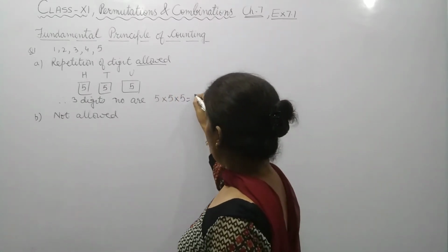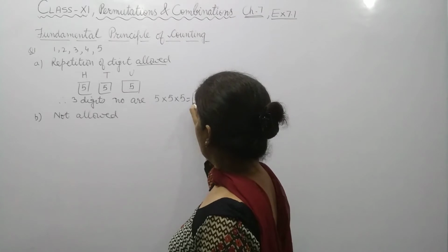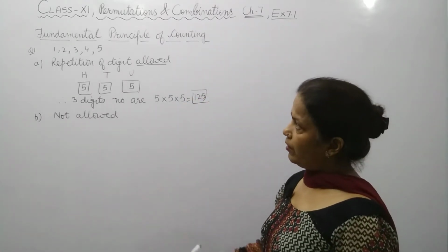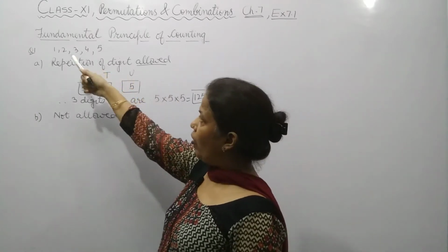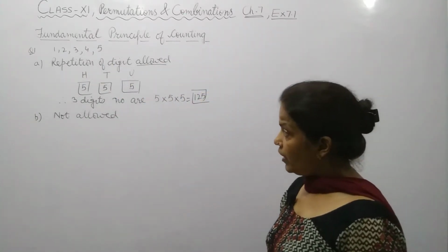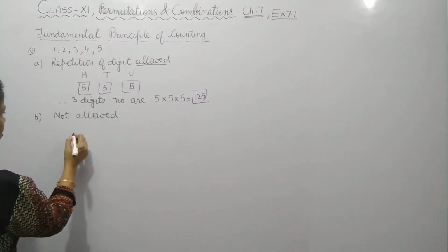So there will be 125 ways in which you can make the 3-digit number if repetition is allowed with these 5 numbers. Now the second part is, if it is not allowed.